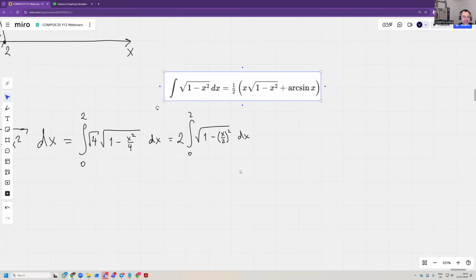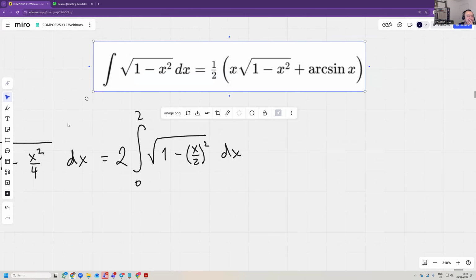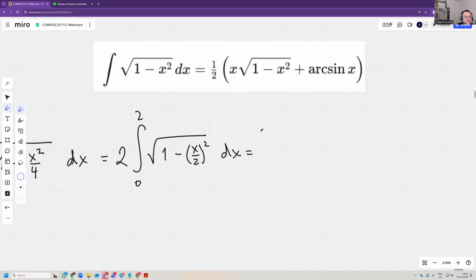What do you think my substitution is? Can somebody guess my substitution? Compare the two integrals. U is x over 2, exactly. U is x over 2.